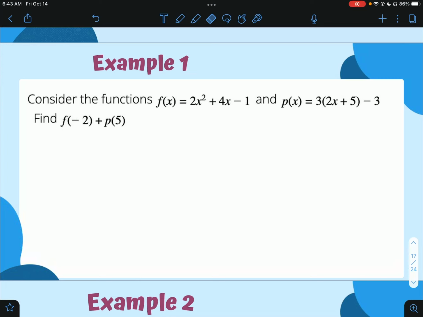All right, if we look at this first example, we want to consider two different functions, f of x and p of x. We want to find f of negative 2 plus p of 5. So what would happen here is we need to evaluate each function at these given values. So I'm going to come over here, let me change color to make it visible, and I'm going to say, okay, f of negative 2 is equal to 2 times negative 2 squared plus 4 times negative 2 minus 1.